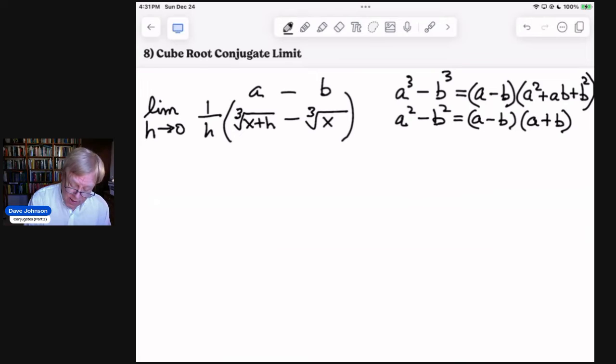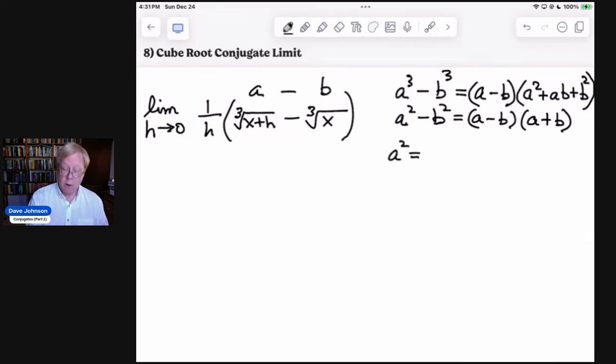So now, if I use the difference of cubes, what is a squared plus ab plus b squared? Well, let's work this out. So a squared is, and let me just write this using powers instead of radical notation.